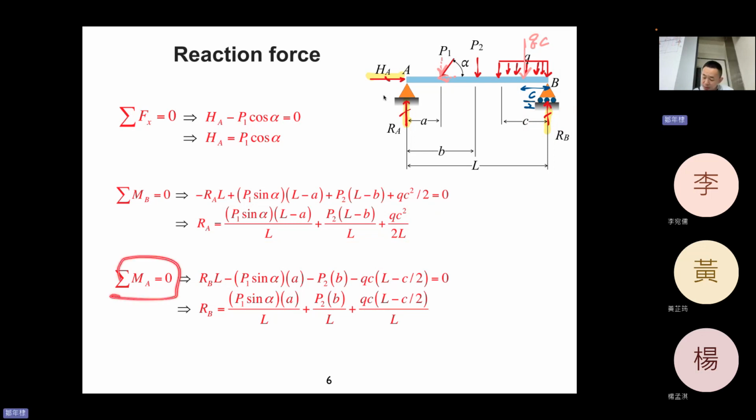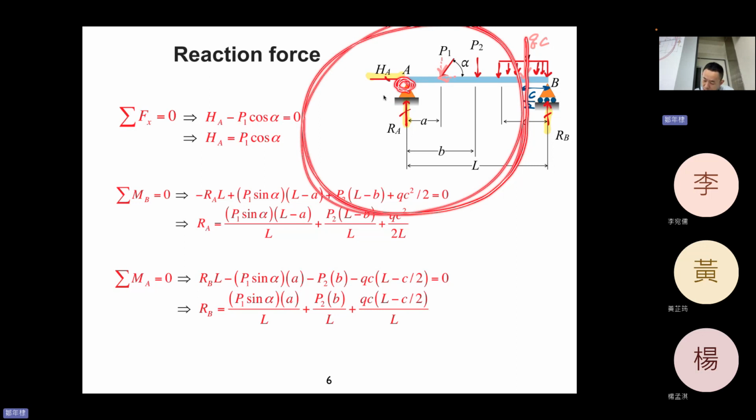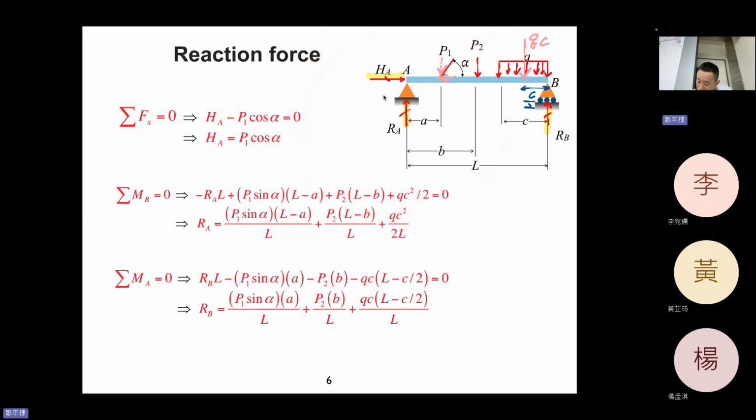And sigma MA, again, do exactly the same thing. So QC now is here. QC is going to make a clockwise moment, so this is minus, and minus QC times L minus C over 2.